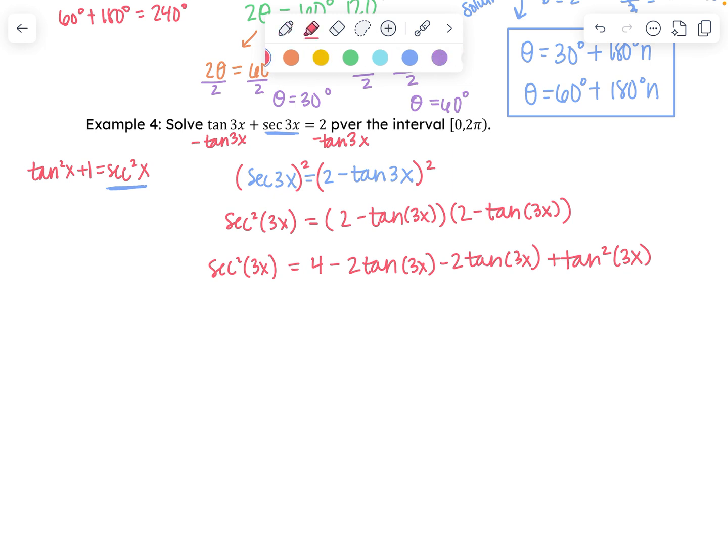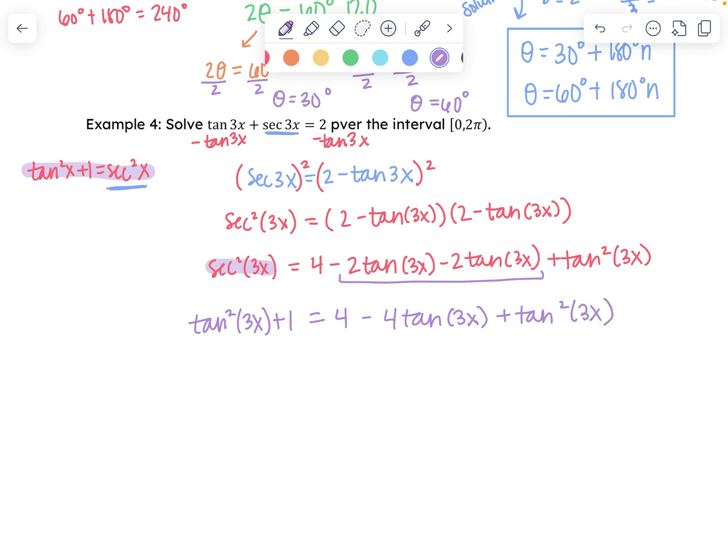Okay, I can make my substitution. I'm going to change that secant squared to tangent squared of 3x plus 1. I'm also going to combine my like terms here. So 4 minus 4 tangent 3x plus tangent squared 3x.